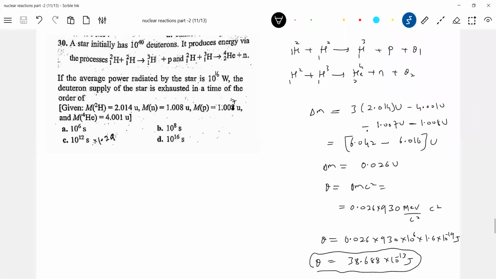10 to the power of 12, that 1.29 you can neglect. I think 1.29 will come if you do the calculation. Till here, okay. We have done the calculation, I think no problem.